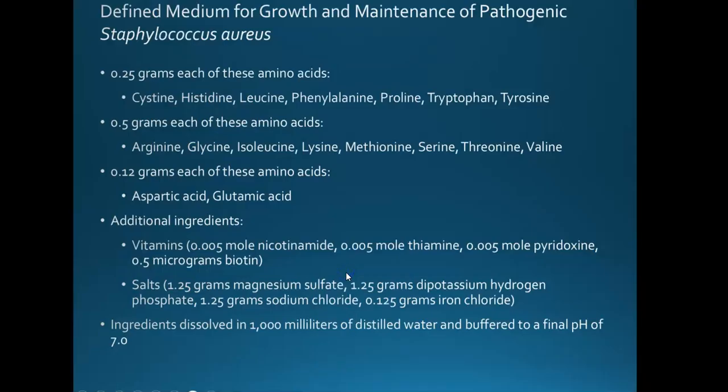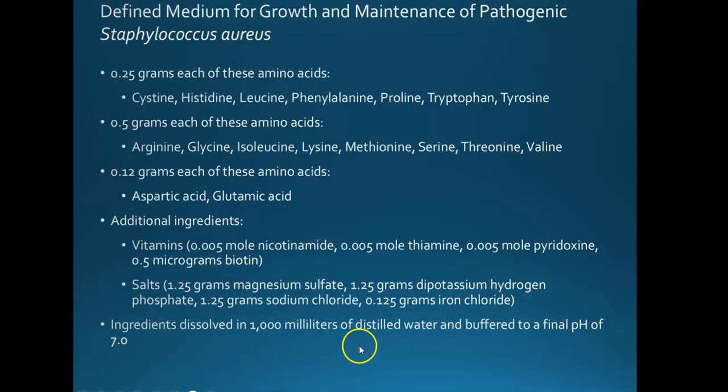I just wanted to give you an example of a defined media just to give you an idea. When you make these media, it's kind of like following a recipe. So here we have like 0.25 grams of each of these different amino acids. You have 0.5 grams of other amino acids, 0.12 grams of some other ones, and then you've got some vitamins that you're measuring out in moles.